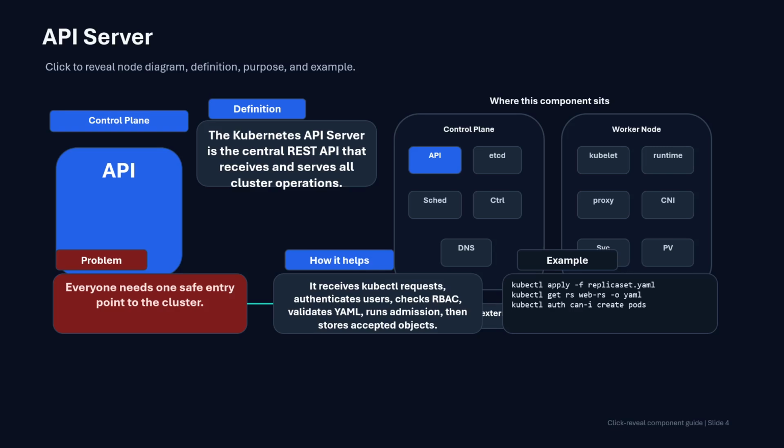That means kubectl internally is calling the API server. It receives the kubectl request, authenticates users, checks RBAC, validates YAML, runs admission, then stores accepted objects. This is the API server, and its client is kubectl. When you execute any kubectl command, the information first goes to the API server.